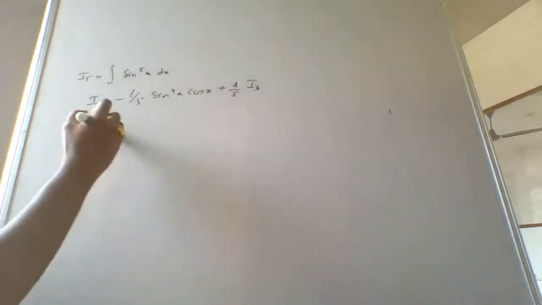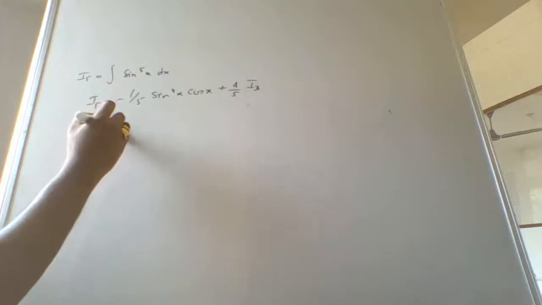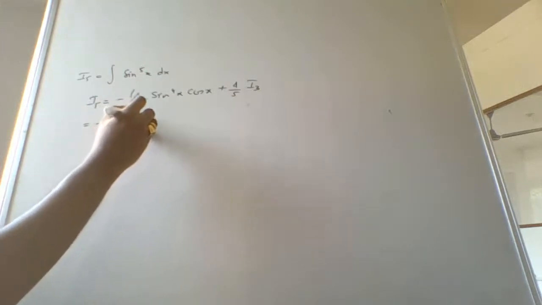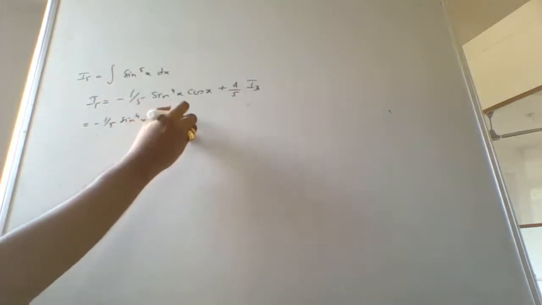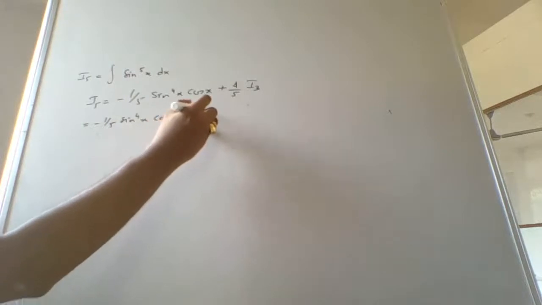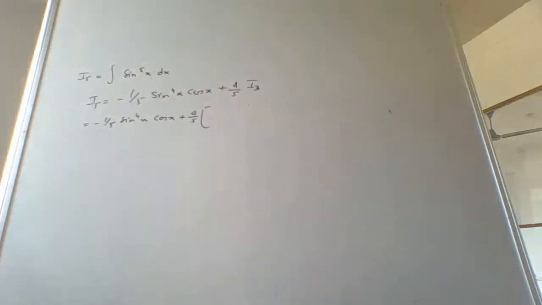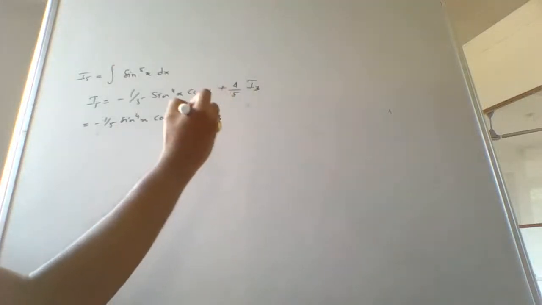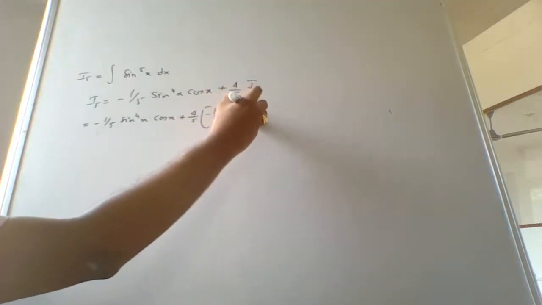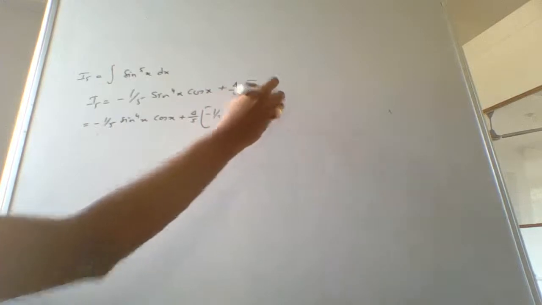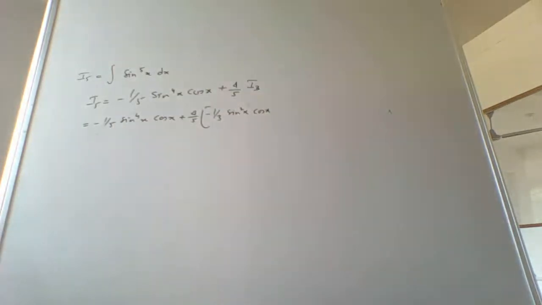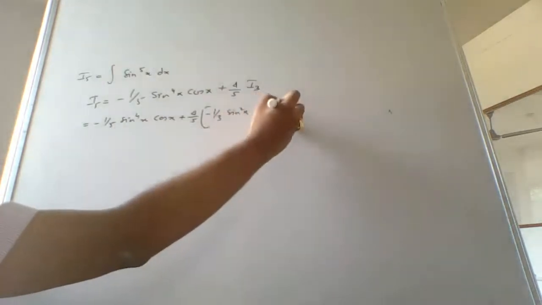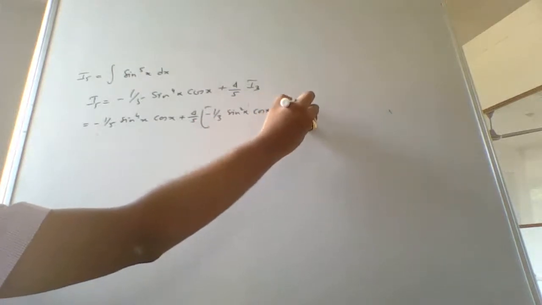Now we have to find what is I3 also here. Again, I3 would be minus 1 by 3 sin square x cos x plus 2 by 3 I1.